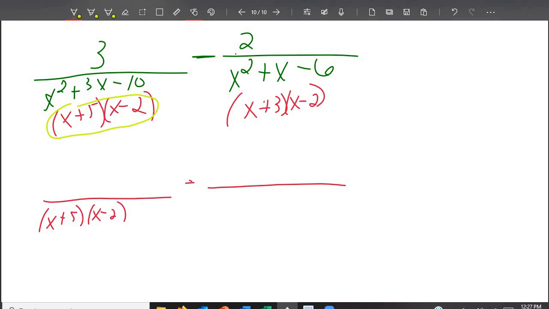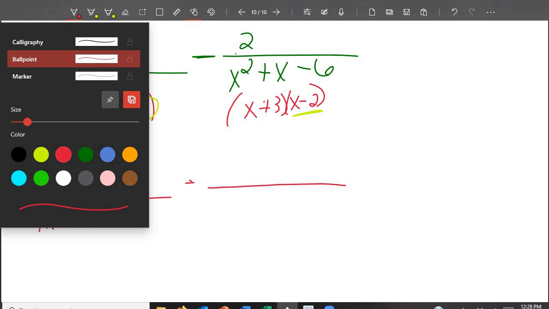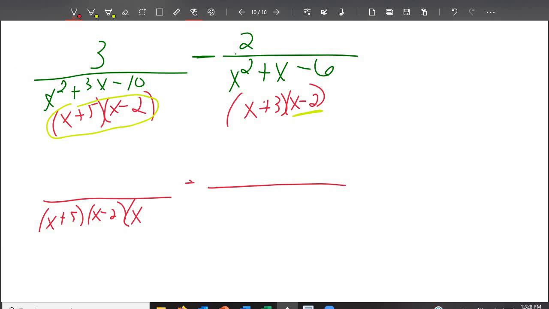Anything they're not sharing, we have to put in the denominator. Well, notice they're sharing an x minus 2. They're not sharing the x plus 3, so we've got to put the x plus 3. So that's my new denominator.